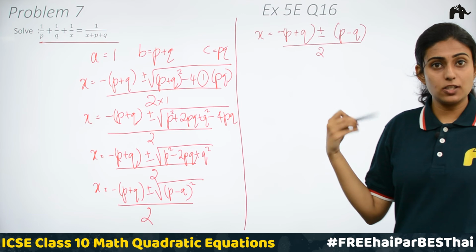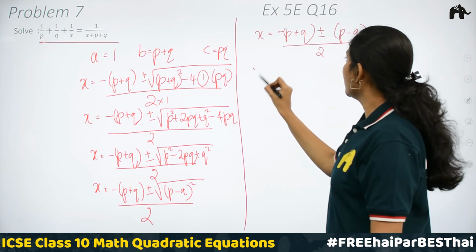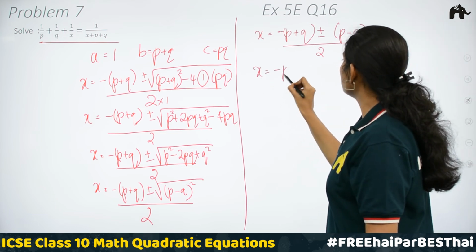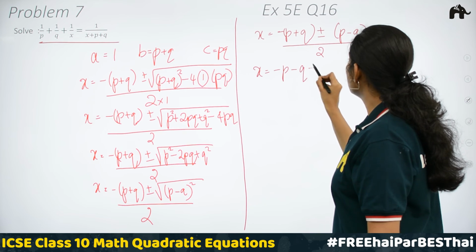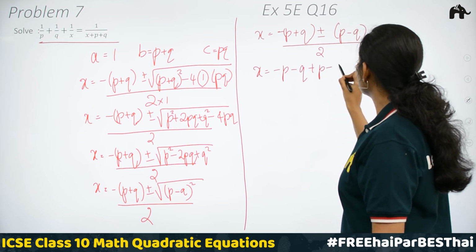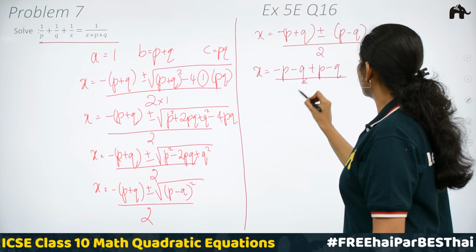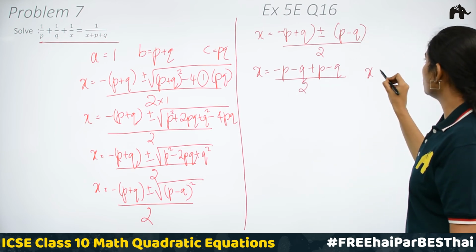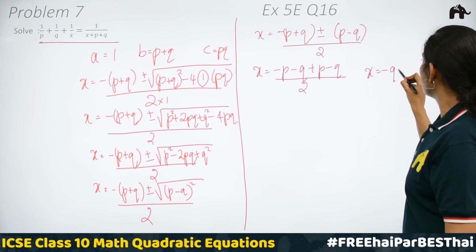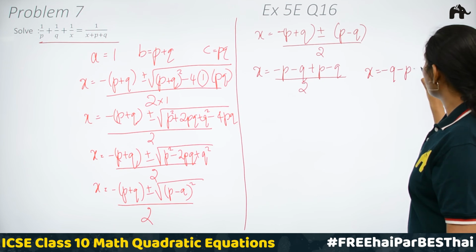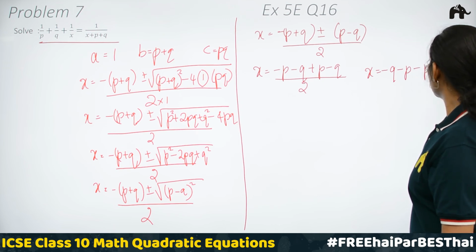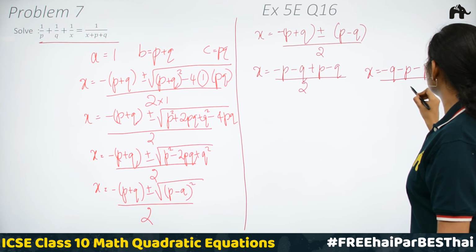The possible values of X are X is equal to minus P minus Q plus P minus Q divided by 2, or X is equal to minus Q minus P plus Q divided by 2.